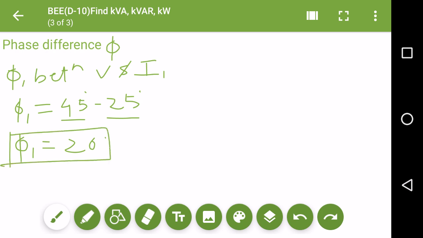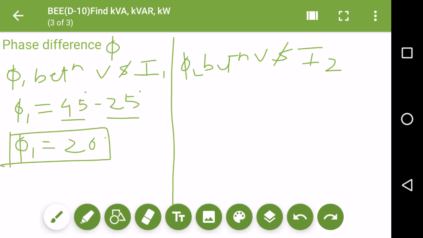Similarly, I will find the phase difference phi2 between V and I2. Remember, V is constant, because in a parallel circuit the voltage remains constant and only the current is different.